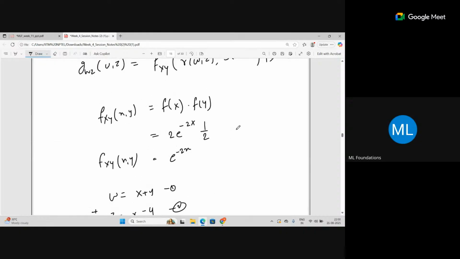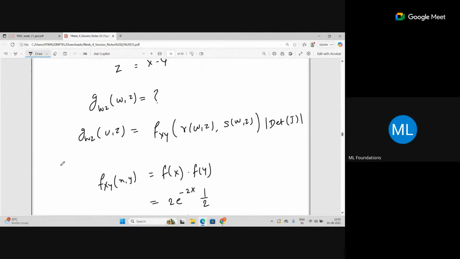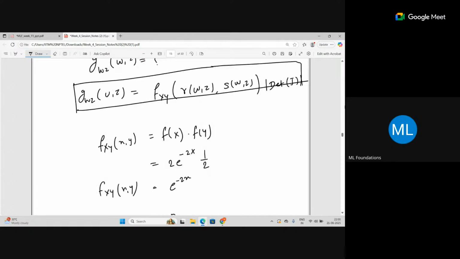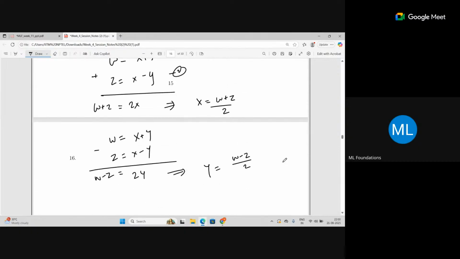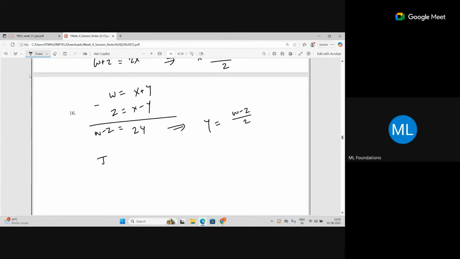So now I'll plug all the values into this formula. This is the formula given to me. Before that, I need to find this Jacobian, or rather the determinant of the Jacobian.